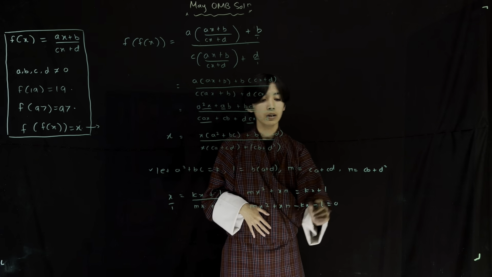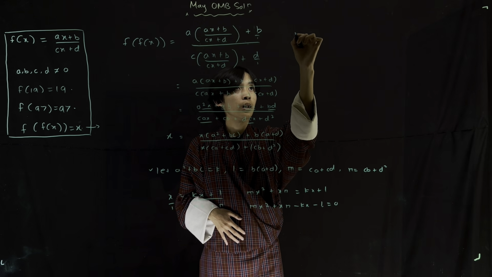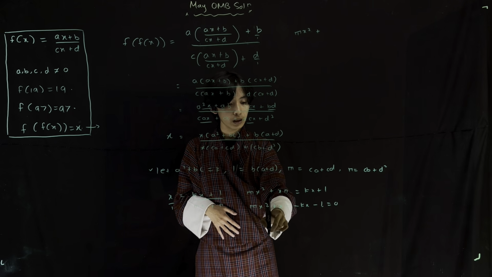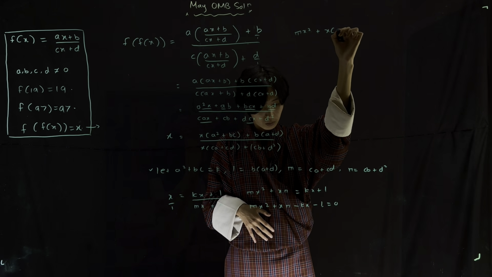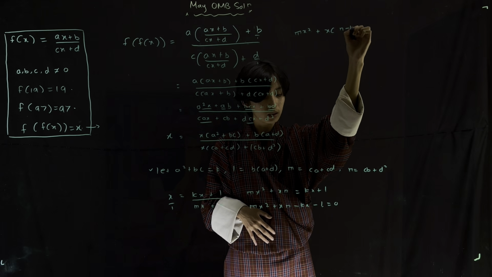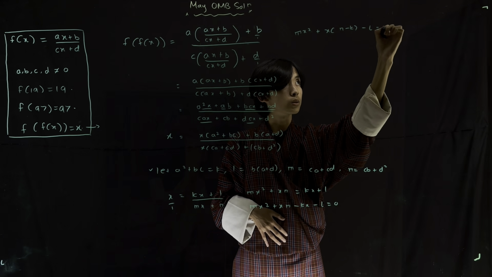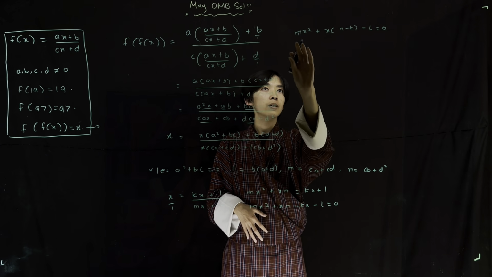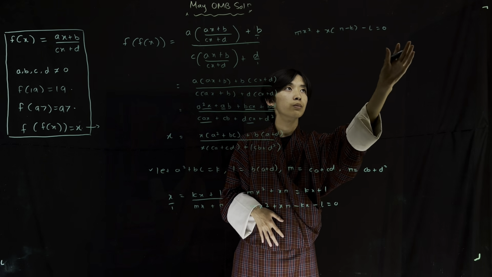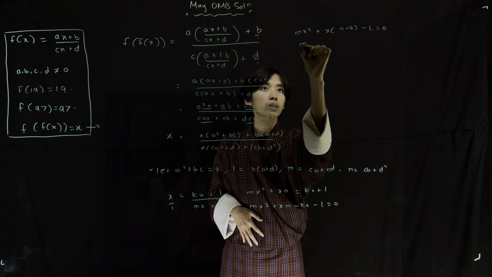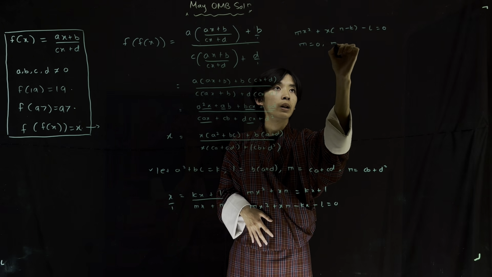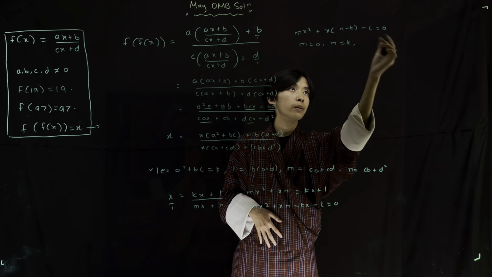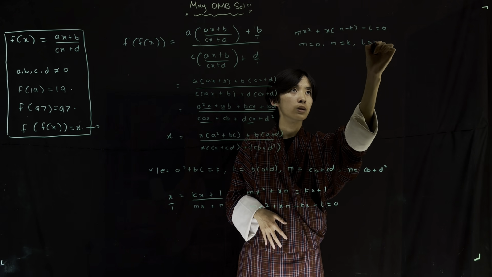So we take x as common here: mx squared plus (n minus k) x minus l is equal to 0. So we get this quadratic equation. From here we can say that if this left hand side is to equal 0, m has to be equal to 0, n minus k has to be equal to 0, which means n is equal to k, and negative l is equal to 0, so l is equal to 0 as well.